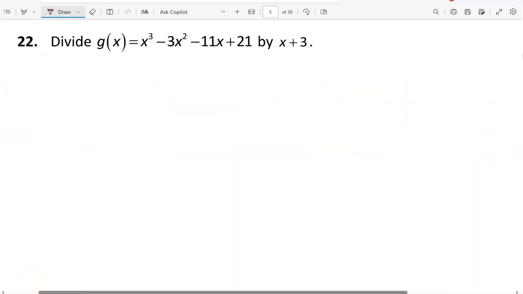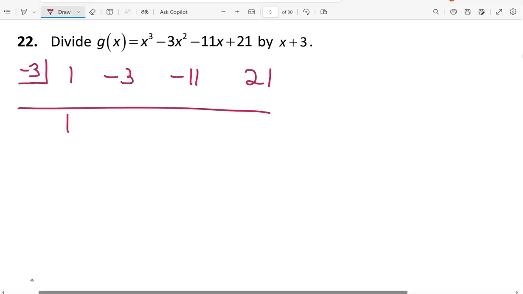In 22, we're dividing by x plus 3, so a negative 3 goes in the box for synthetic division. The dividend is 1x cubed minus 3x squared minus 11x plus 21. Bring down that 1, times negative 3 is negative 3. Add that column, negative 6. Negative 6 times negative 3 is positive 18. Add that column, that's 7. 7 times negative 3 is negative 21.